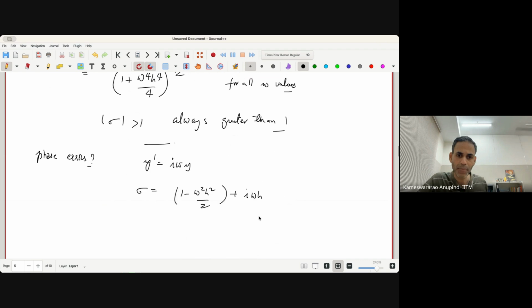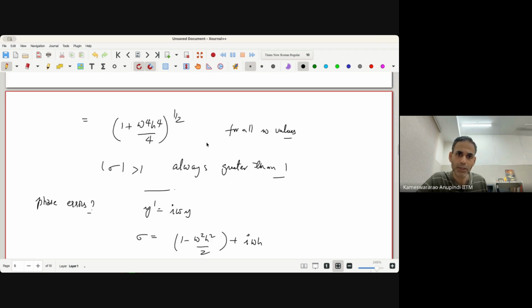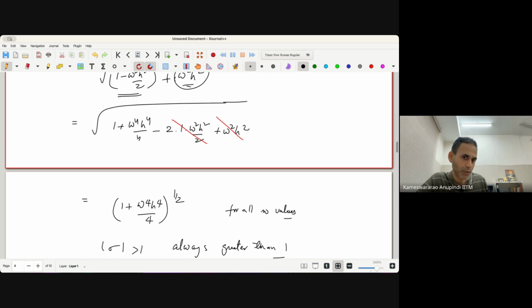So that is my sigma. This is nothing but the magnitude, which is some a times e to the power i theta, right? So a we already know. A is the square root of this thing, which we already saw: 1 plus omega to the power 4 h to the power 4 by 4.